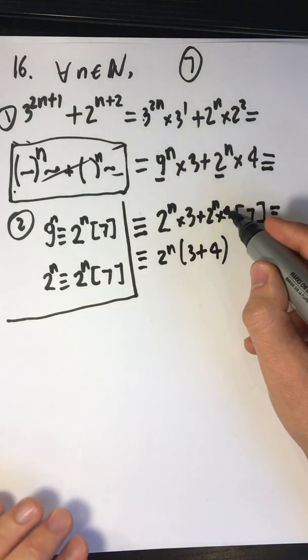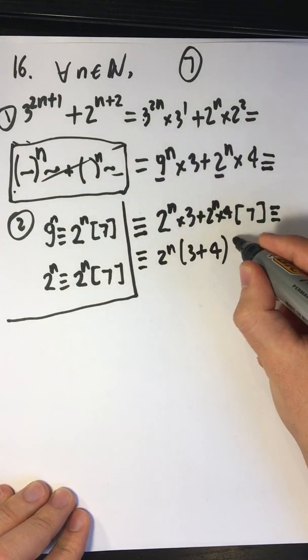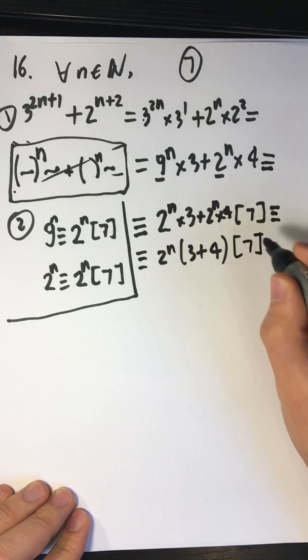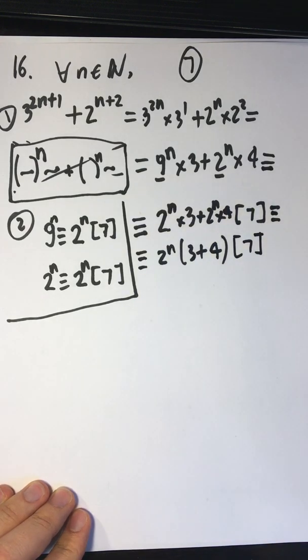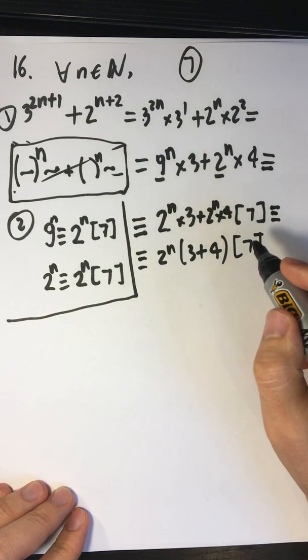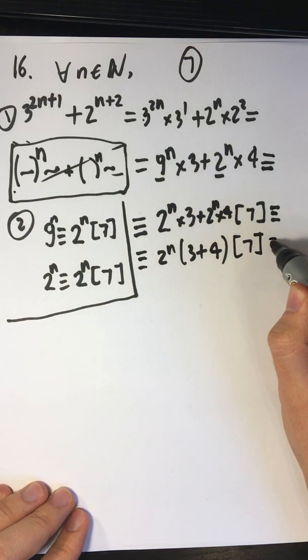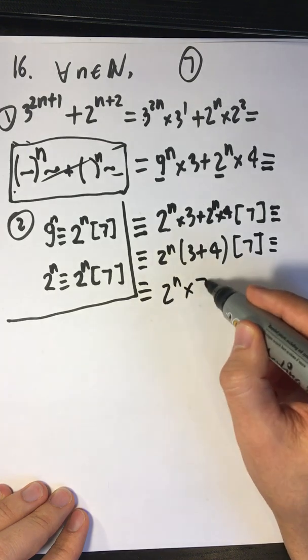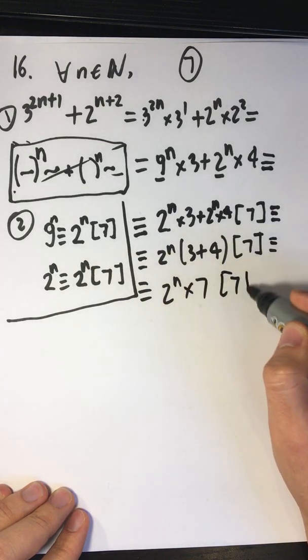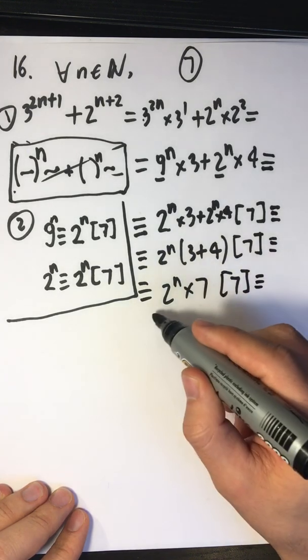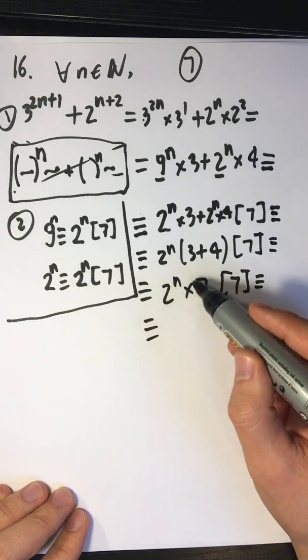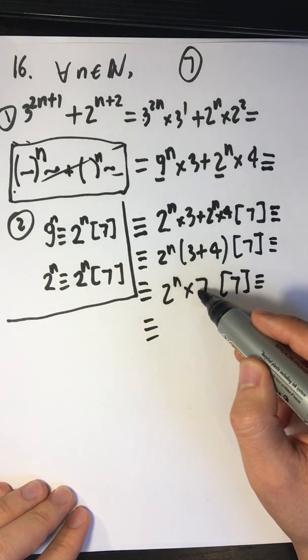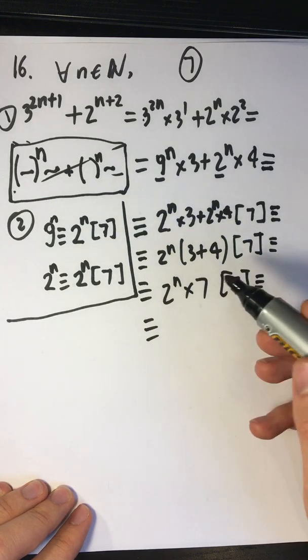If 2 to the n goes out, it's 3 plus 4, which is 7. This is equal to 2 to the n multiplied by 7 mod 7. And I have a question. If you multiply a number by 7, it means it is divisible by 7, right?